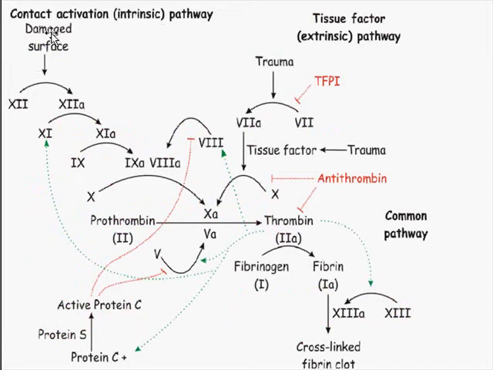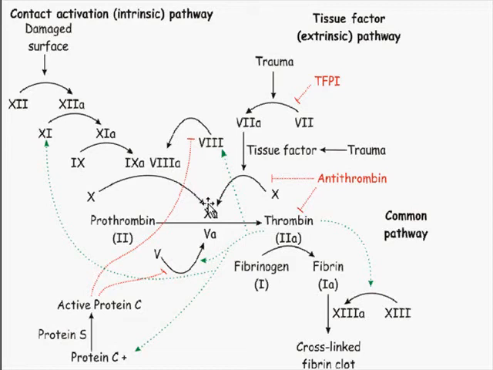Your intrinsic pathway starts out when there's a damaged surface, and therefore factor 12 goes to activated factor 12, and then activated factor 12 activates factor 11 into activated factor 11, and then activated factor 11 converts factor 9 into activated factor 9, which, by the way, when combined with activated factor 8, then finally converts factor 10 into factor 10A.